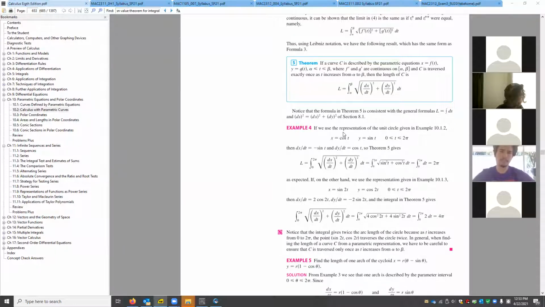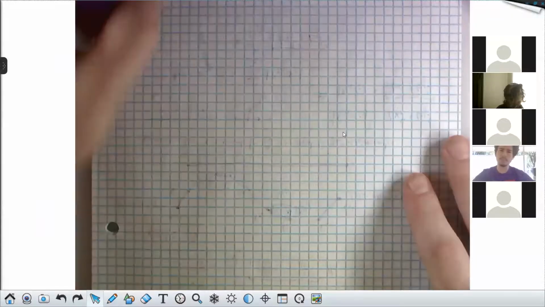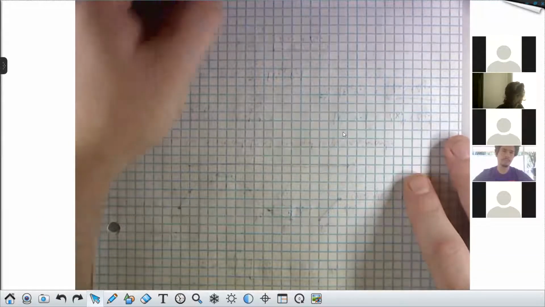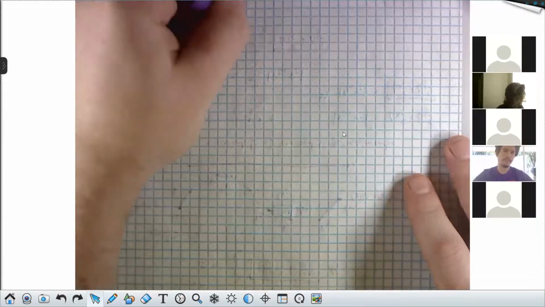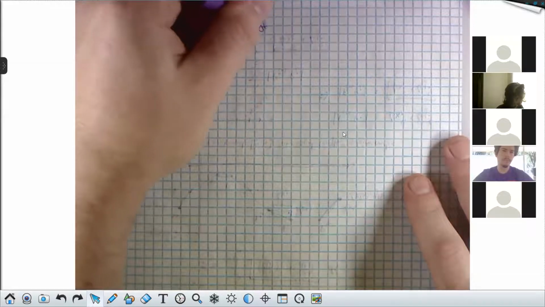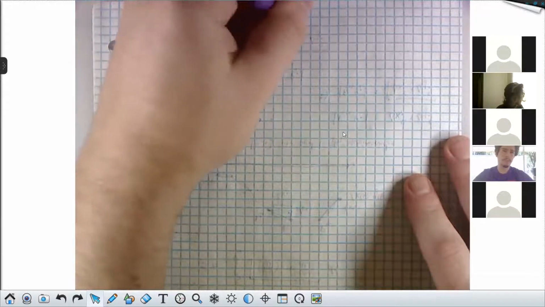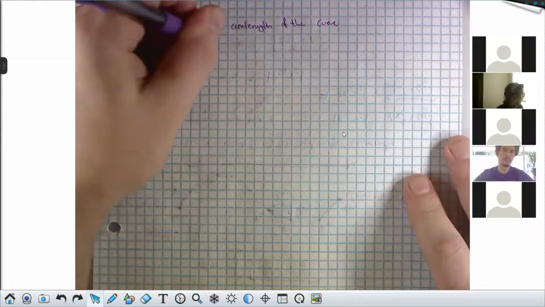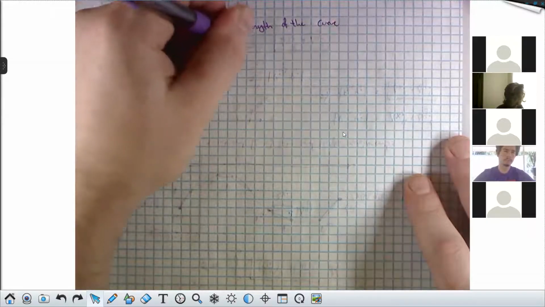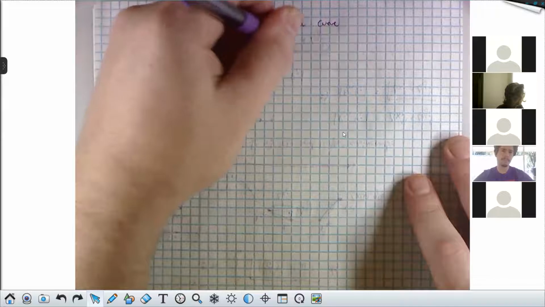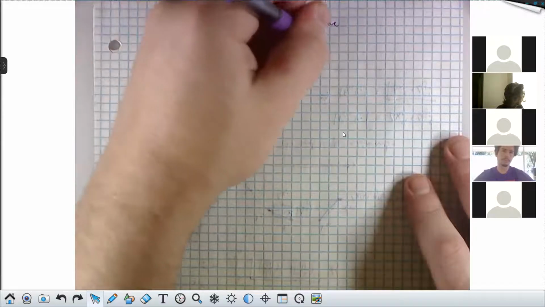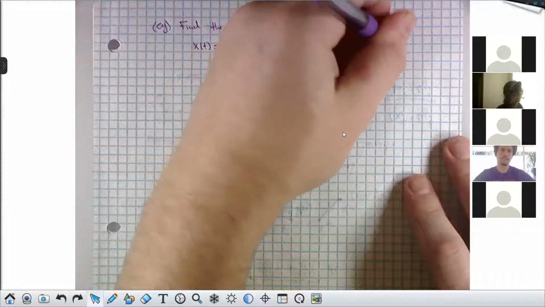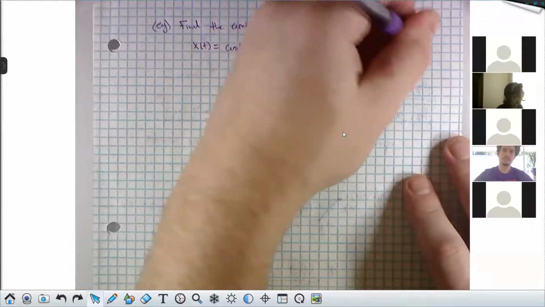Sure, why not? We'll do the unit circle. I can find the arc length of the curve x of t equals cos t, y of t equals sine t, where 0 is less than or equal to t is less than or equal to 2 pi.